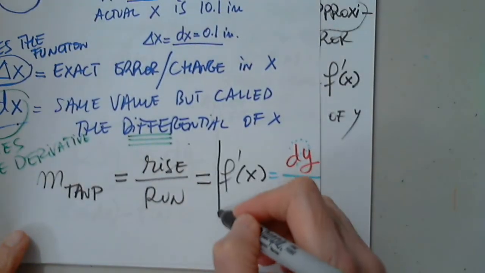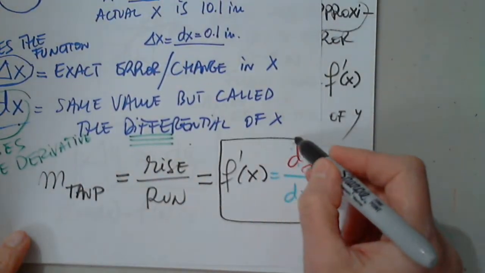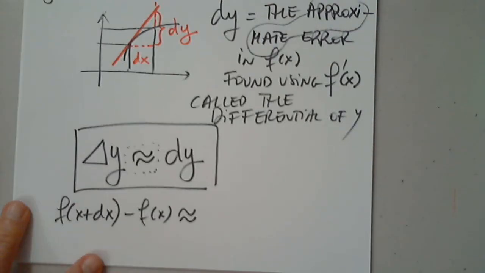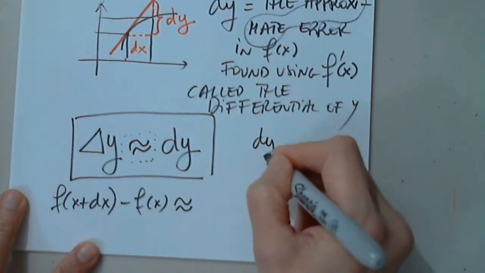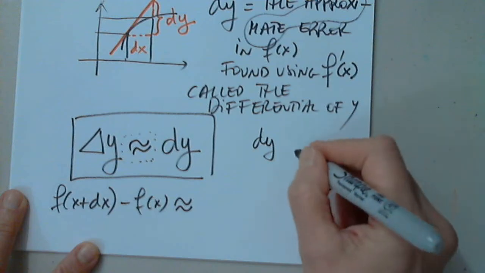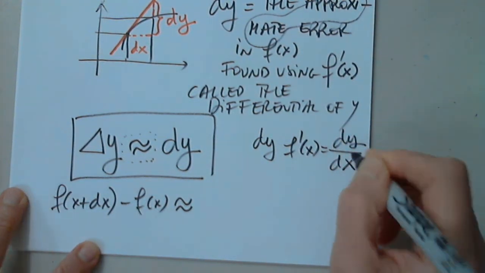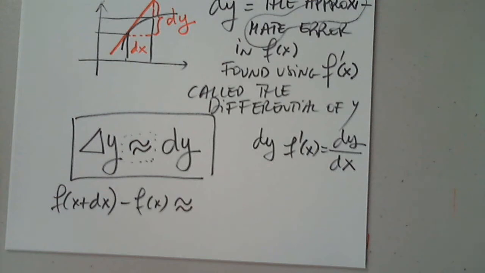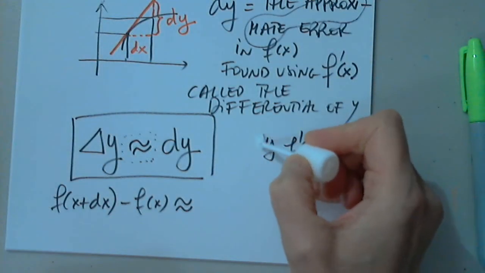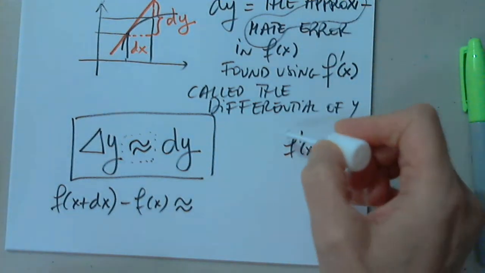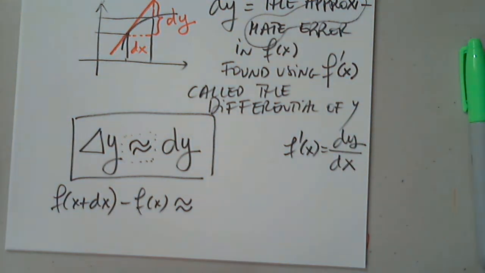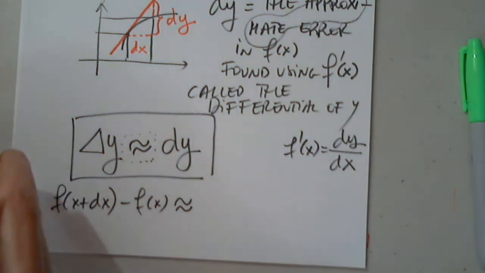Can anyone solve this equation for us for dy? I'm going to write it here again. f prime of x equals dy over dx. Can anyone solve this equation for dy? And tell me what to write.